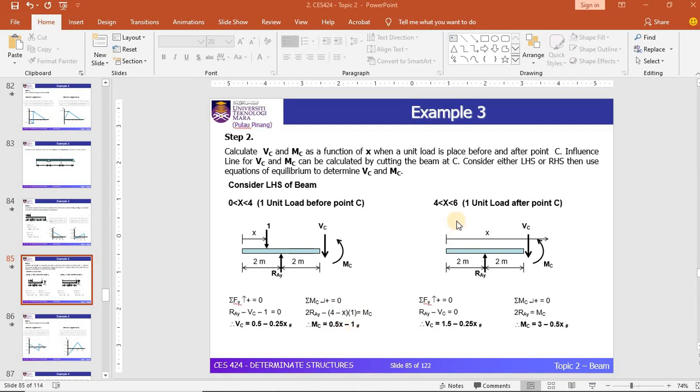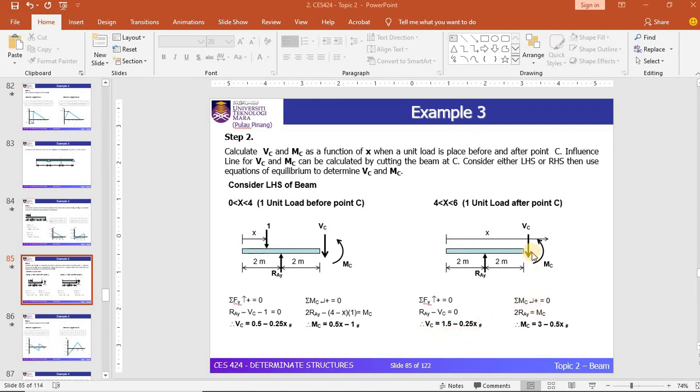For the second range, 4 to 6, this range indicates that the one unit load has moved beyond point C. That's why in this particular diagram, there is no one unit load. By considering the summation of forces in the vertical, again RAY minus VC is equal to 0, and VC is equal to 1.5 minus 0.25x.